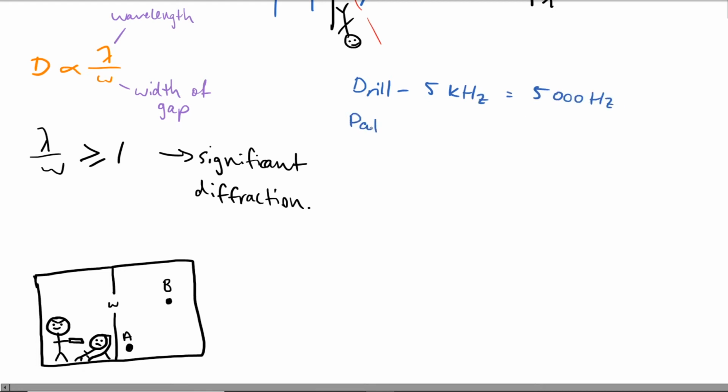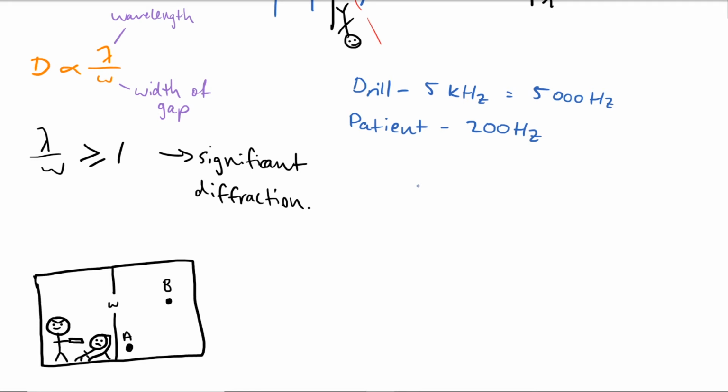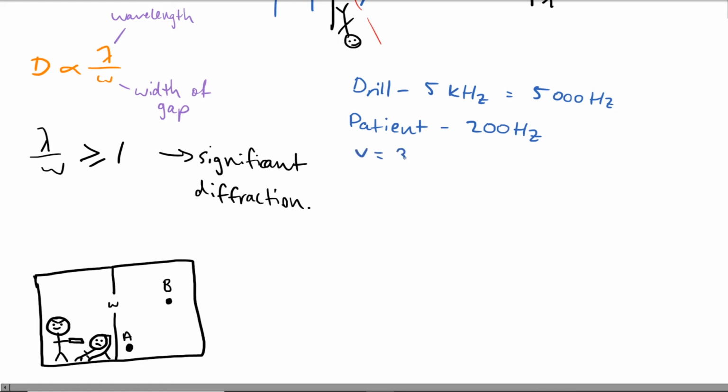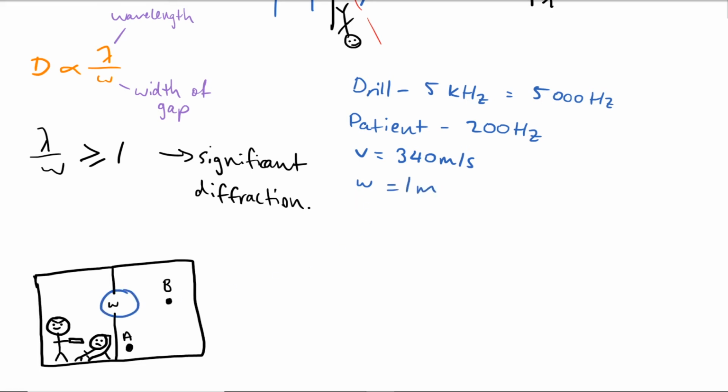And the patient is going to emit some sort of animalistic groan at 200 hertz. But notice that our formula doesn't depend on frequency, it depends on wavelength. So they've also given us that the speed of sound in the air is 340 meters per second, and the width of the gap here is 1 meter. Will there be any difference in the sound at points A and B?